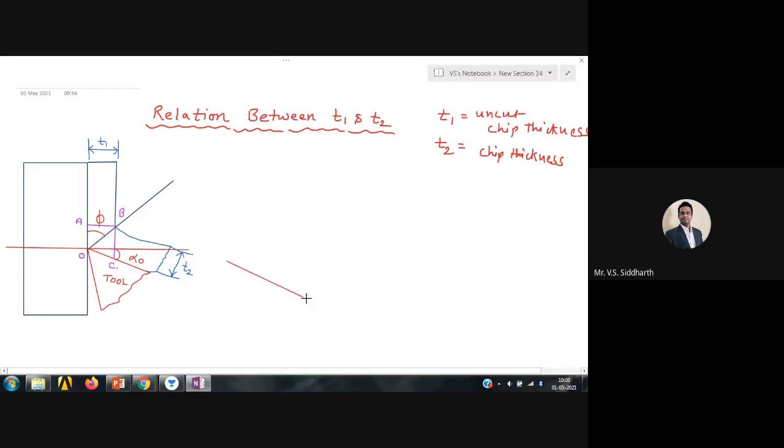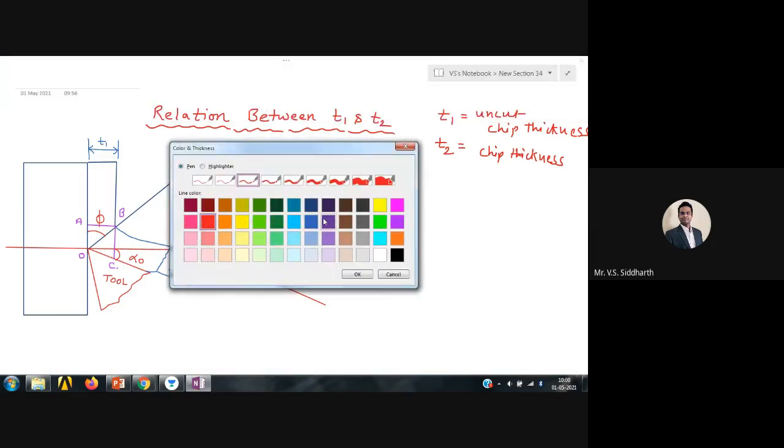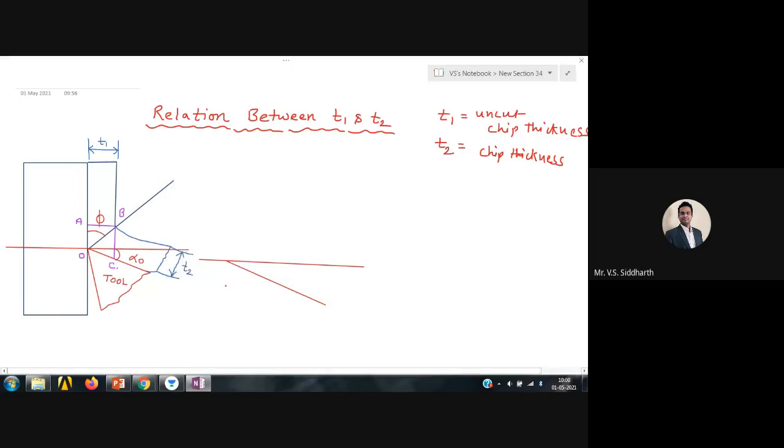This is the rake face. This is the reference line.